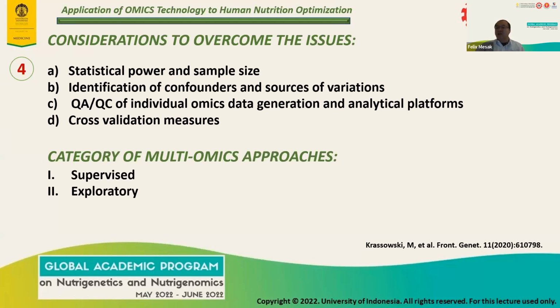And sources of variation, batch, analytical or unwanted, that are anticipated in the course of data generation. Quality assurance and quality control measures that are associated with individual omics data generation and analytical platforms. And of course, cross-validation measures are implemented in cases of unavoidable biases.